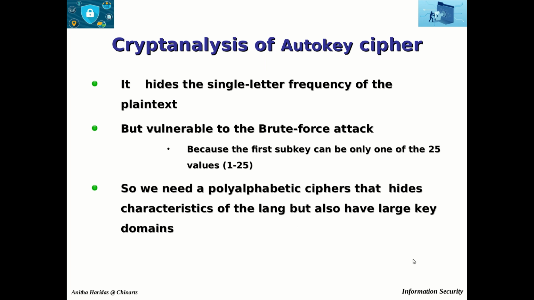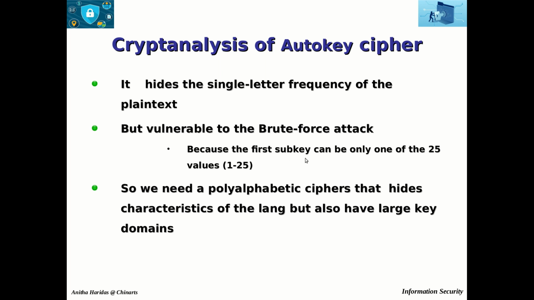Now let us see what is the cryptanalysis part of the AutoKey cipher. The AutoKey cipher definitely hides the single letter frequency of the plain text, but however it is vulnerable to the brute force attack, as the additive cipher. Why?